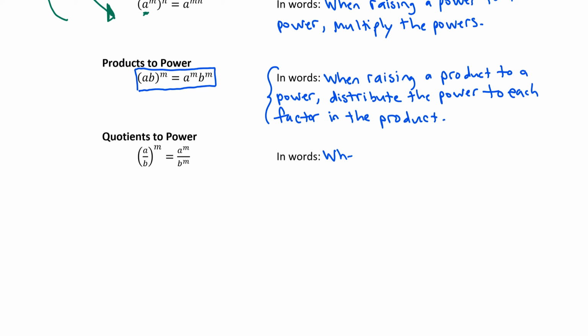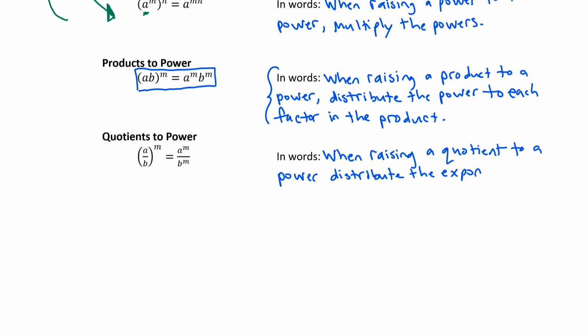So to describe our quotient rule, or quotients to a power, we can say when raising a quotient to a power, distribute the exponent to the numerator and denominator.